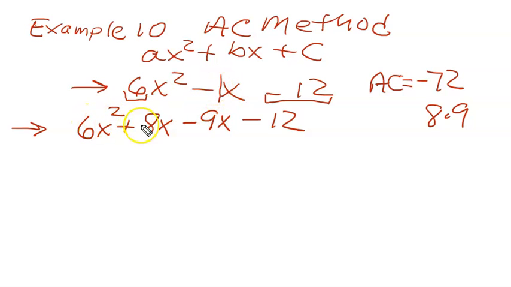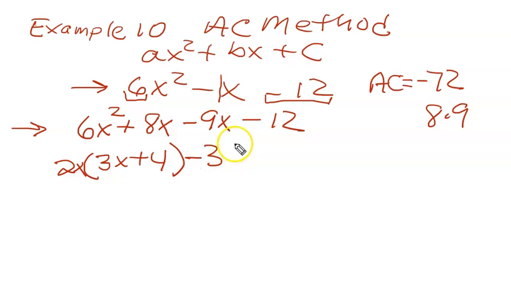But now I have a 4-termed expression. I'm going to factor this by grouping now. So out of here, I can take a 2x, and then I get a 3x plus 4. Now out of here, I'm going to take a negative 3, and I get now a 3x plus 4.